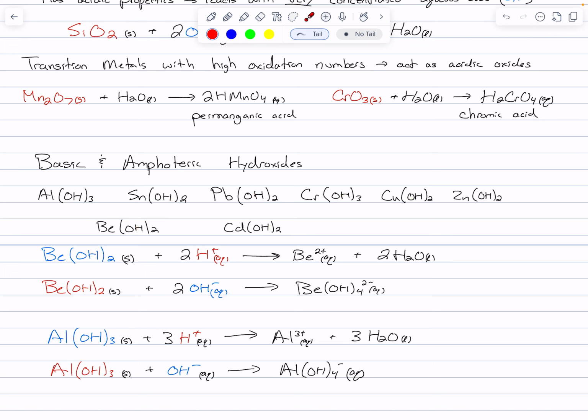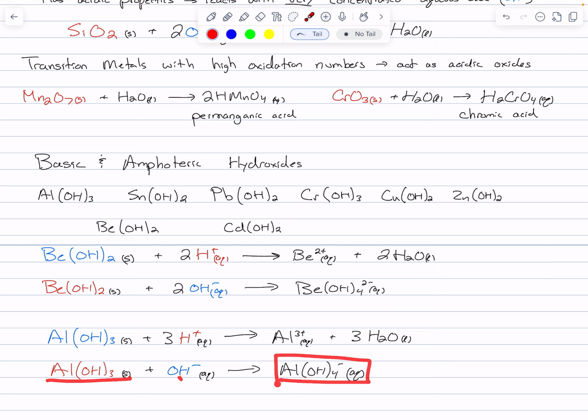If we look at beryllium hydroxide here with acid, it's just what you expect: the H's react with OH and you get water. However, when the pH is sufficiently high, and it depends on the compound, it'll make this complex ion, and beryllium hydroxide will actually dissolve to make this. Same thing with aluminum. Aluminum hydroxide plus more hydroxide will get you here.